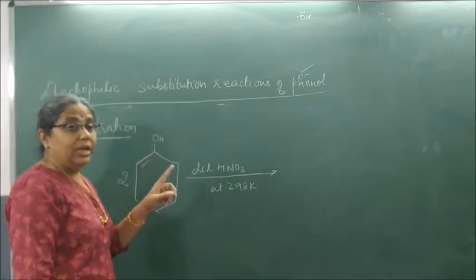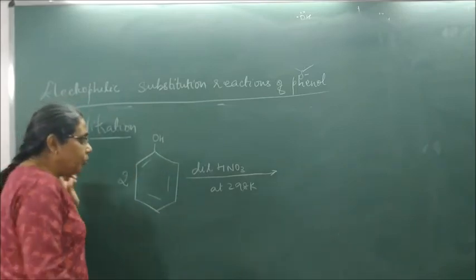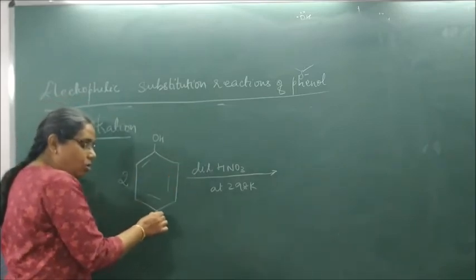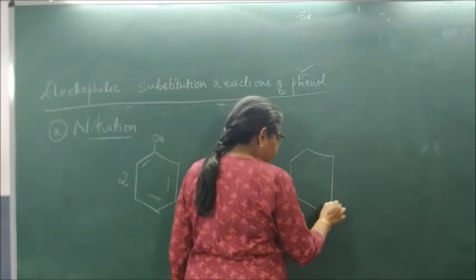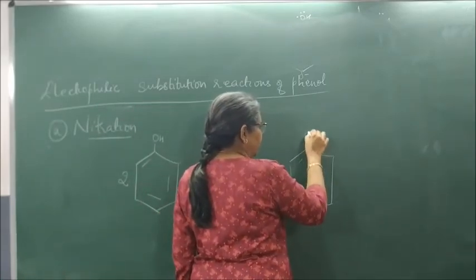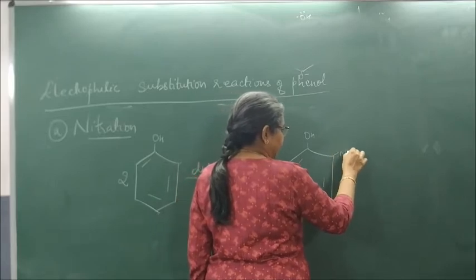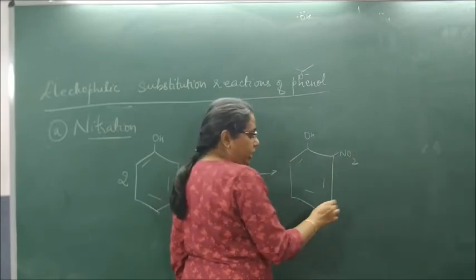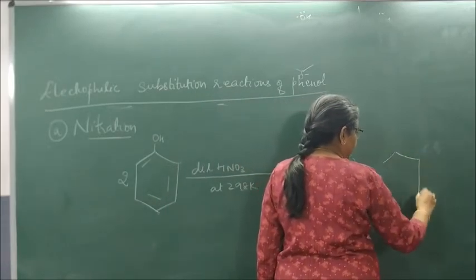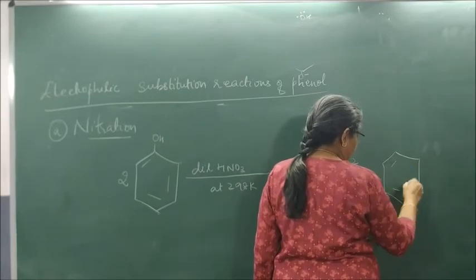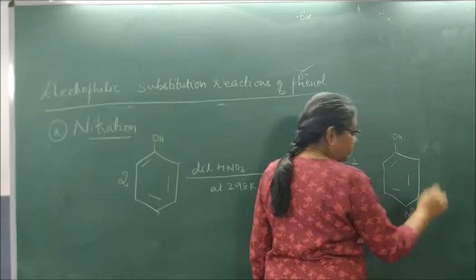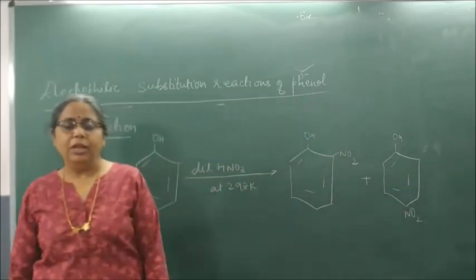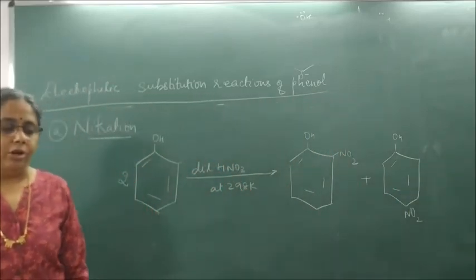Nitration means it will have NO2, placed at ortho or at para. So we will have a compound with OH and NO2. This is ortho nitrophenol plus you get para nitrophenol.